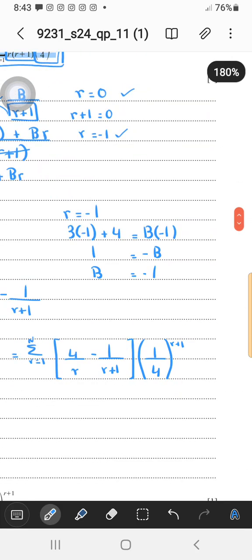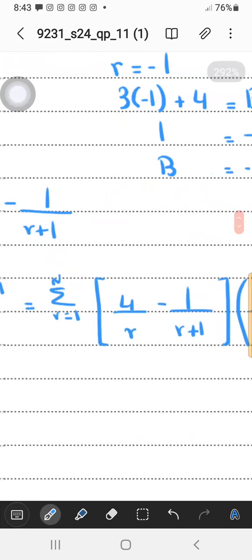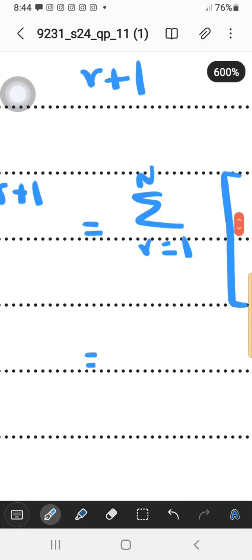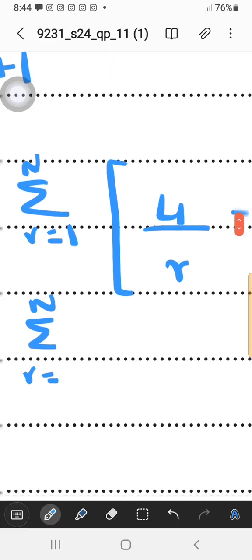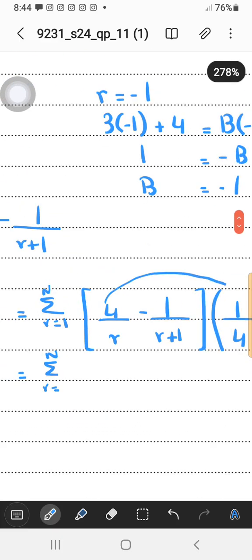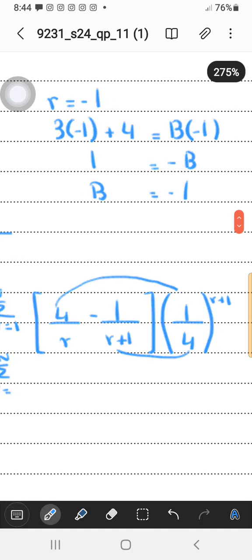As we have two brackets, we can't do the method of differences. To do the method of differences, we want just more than one terms. So now what we will do? We will multiply with this, then multiply with this.